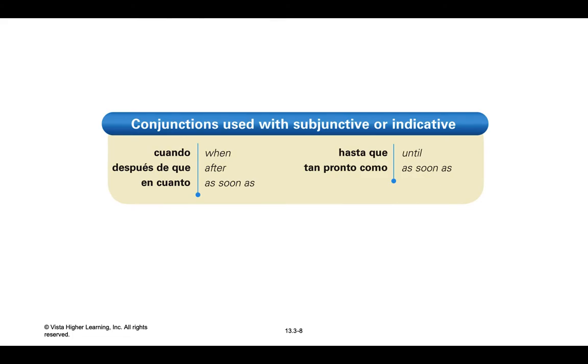Sometimes this conjunction can trigger the subjunctive or indicative. It depends on whether the situation is hypothetical or is a fact.